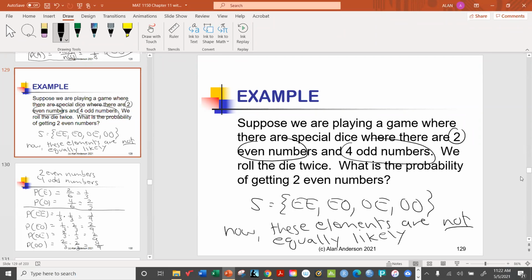But what that means is that while there's still only 4 things that can happen, they're not all equally likely to occur. And that changes everything. In fact, I'm going to show you in the next slide what that does to our probabilities. And then we're going to do some more calculations with this special case where we do not have all equally likely elements.